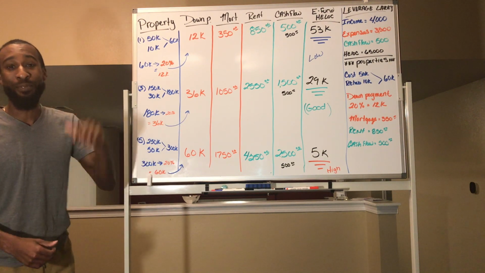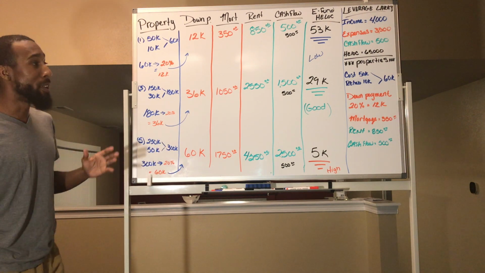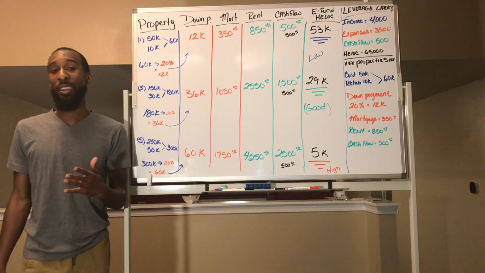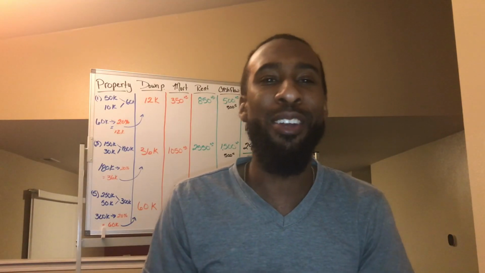Now I hope this video has encouraged you guys to even just think about investing in real estate by using your line of credit, because there's so many benefits. So before I end the video, I want to tell you guys some hiccups that you might go through when you're trying to leverage with your lines of credit here.